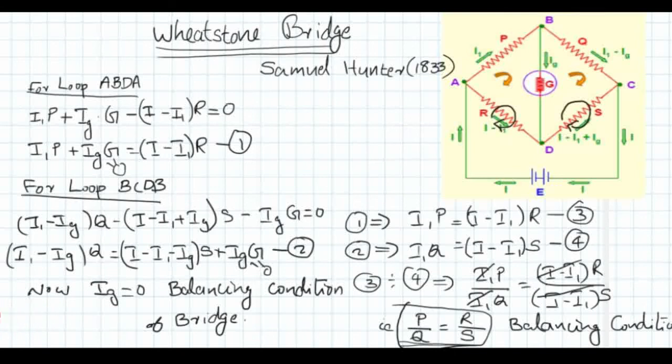People may wonder why the name Wheatstone bridge. This type of connection is called a bridge connection, and it was first introduced by Samuel Hunter in 1833. Then this bridge connection was later modified and more popularized by Charles Wheatstone.